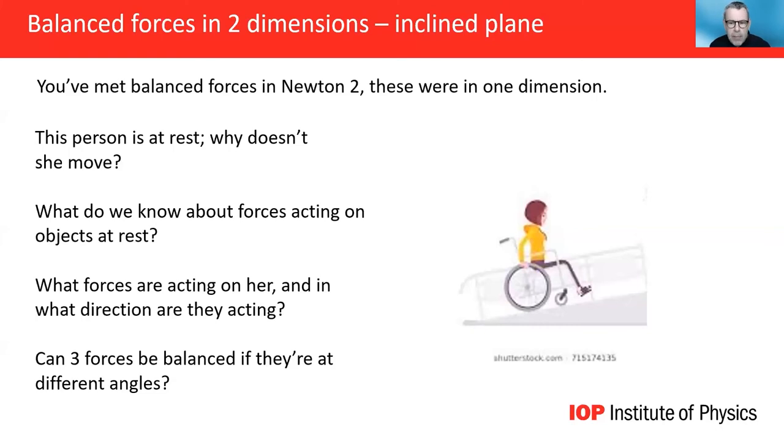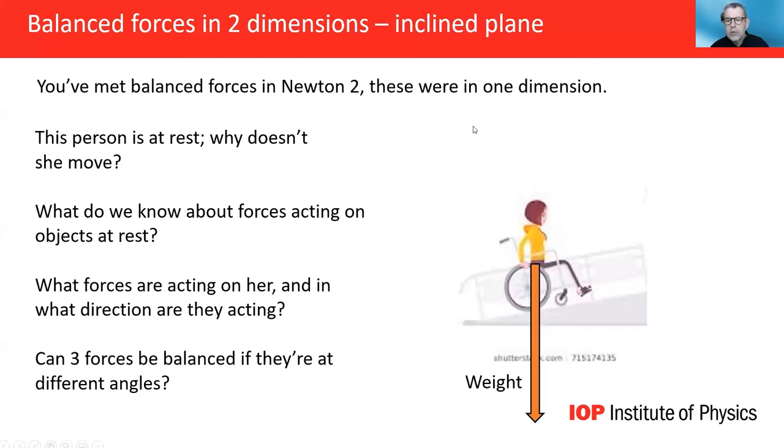Moving down the ramp is both an up-down motion and a left-right motion. And we also know that when we get motion, we often get a force to oppose it. So let's have a think about what forces are acting on her and in what direction those forces are acting. We'll go beyond that, and we will also then look at how can three forces, all in different directions, actually be balanced at all.